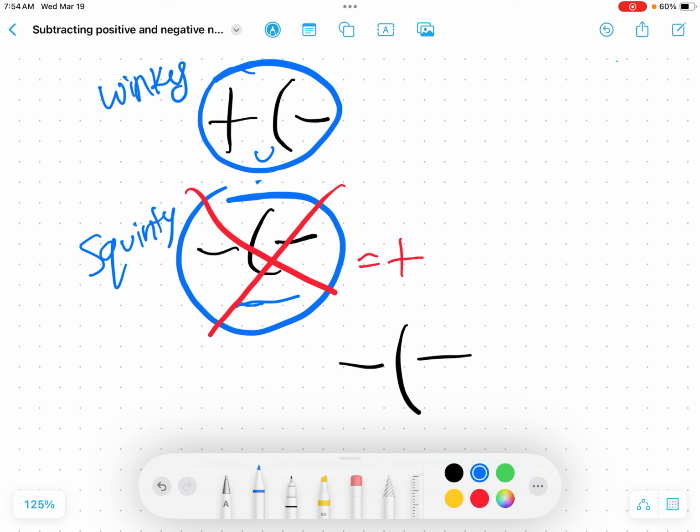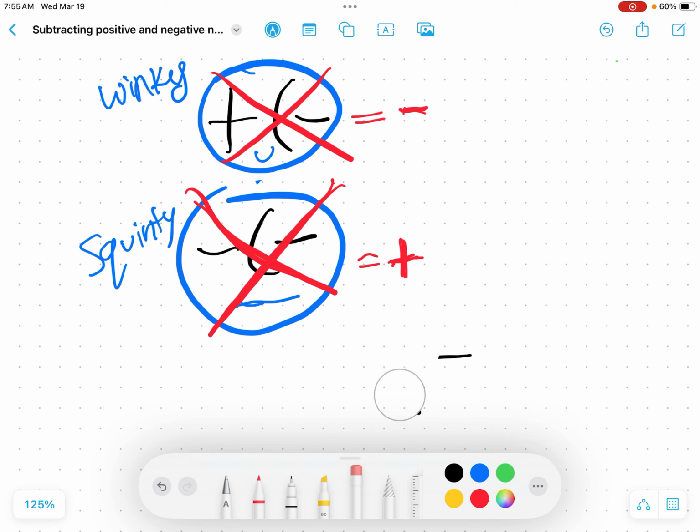If you just connect them like this, you can see that it makes that adding sign right there. So squinty face is adding and winky face is subtracting. He's so happy about life, and when he goes bye-bye, that makes him very sad. This guy is already grumpy, and so when he goes bye-bye, he's happy. Okay?